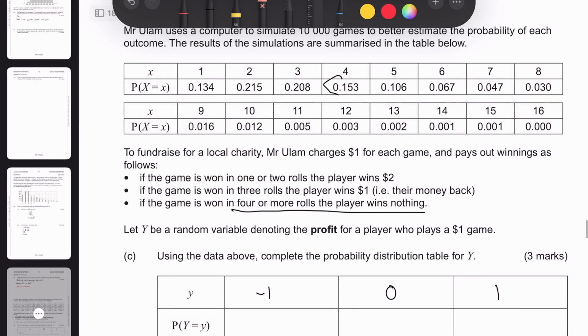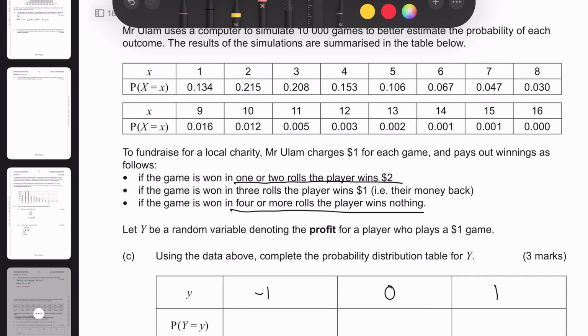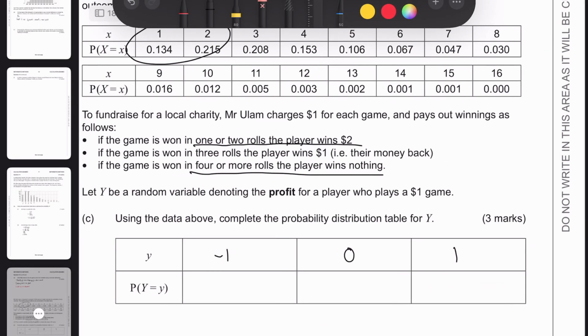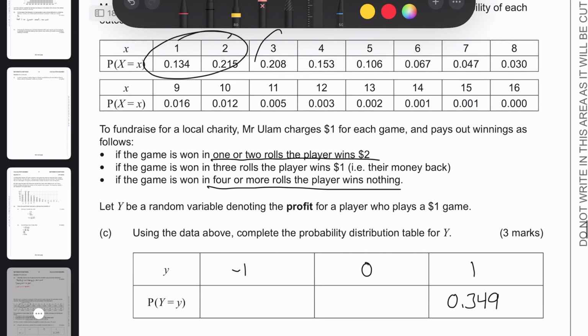So we have to sum up all of these, but I think it's easier if we do the other way. If in 1 or 2 rolls, then they win $2. So what we have to do is just sum up these two, which is going to be 0.349. 3 rolls to player, so 0.208.